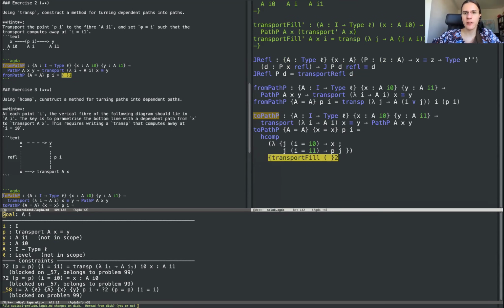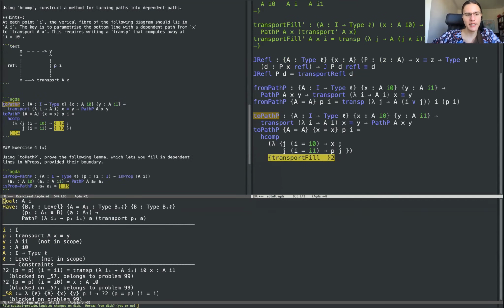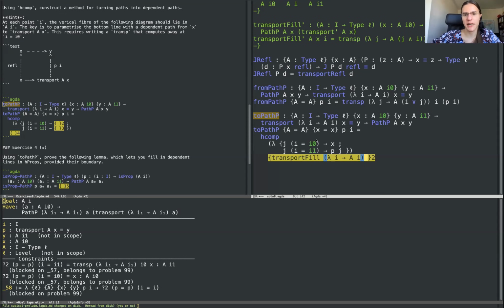So transport fill, let's see what I need to give. I need to give an equality from A to B. Well, this is given as I to type L, so I'm going to need to expand that in order to convert a line into an equality. And that's an unfortunate thing. Sometimes you have to do this eta expansion.